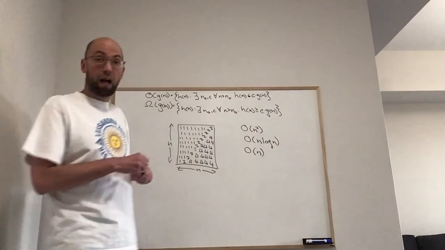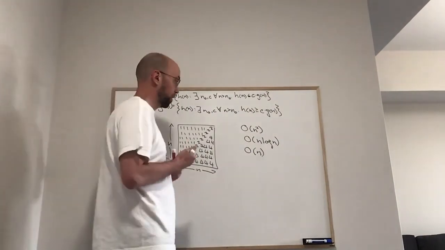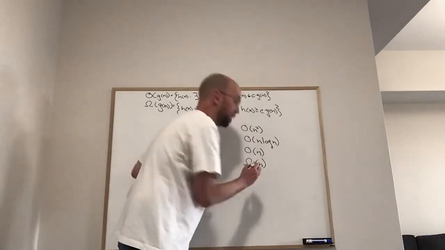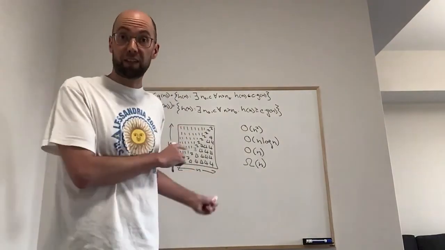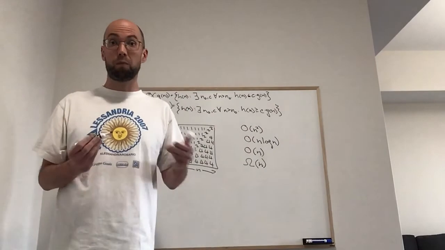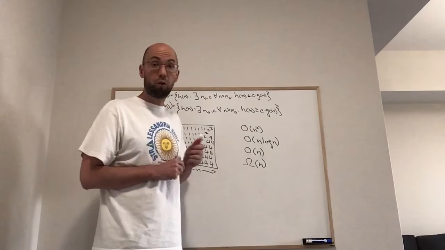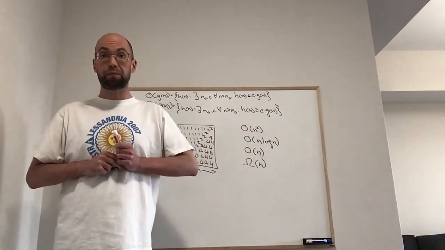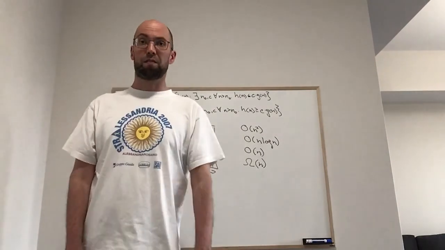So, how much time do you need? How many things do you need to look at? Well, now we know that in the worst case, for an n by n matrix like this, you have to check omega n numbers. So that means now we know it's big O of n, and we know it's big omega of n. So now we know the complexity to within a constant factor.